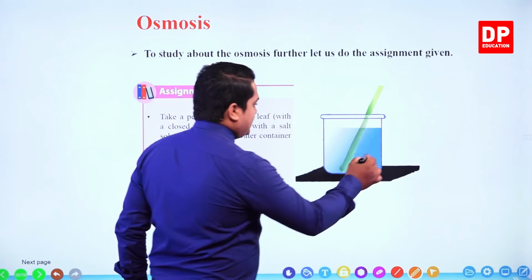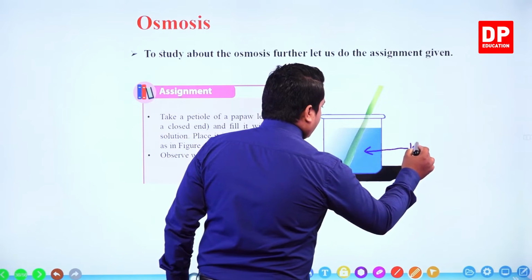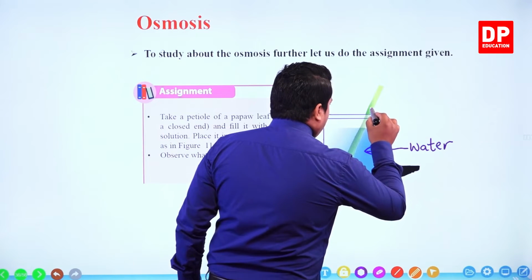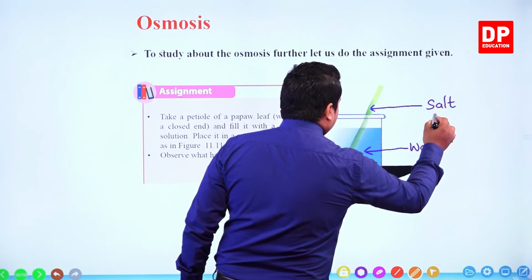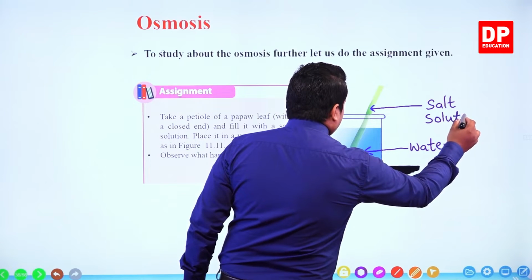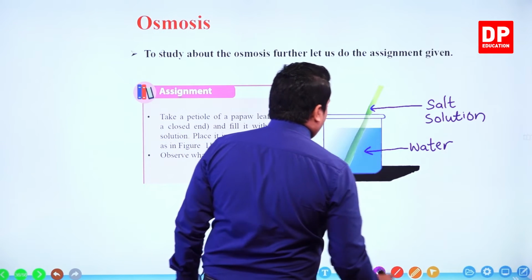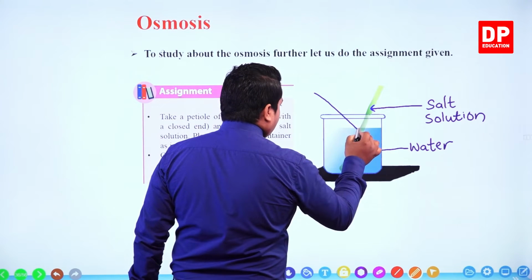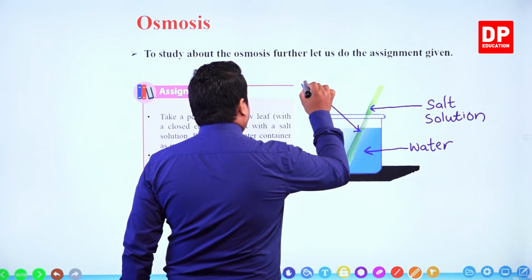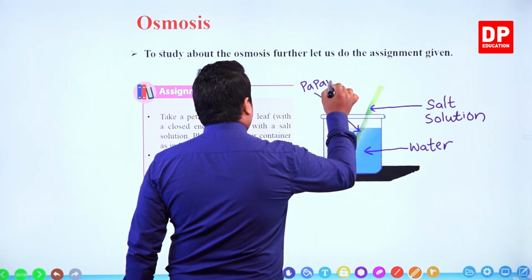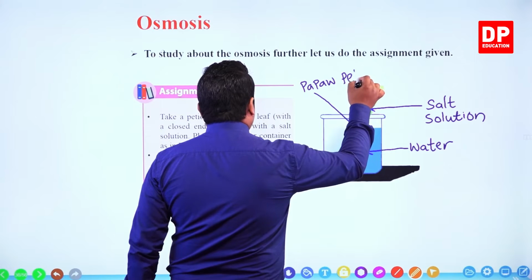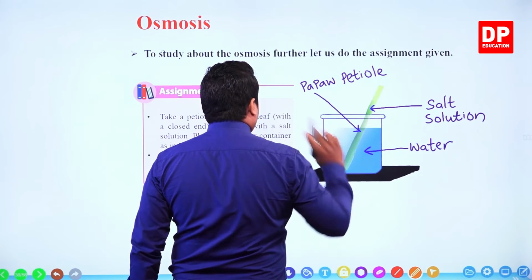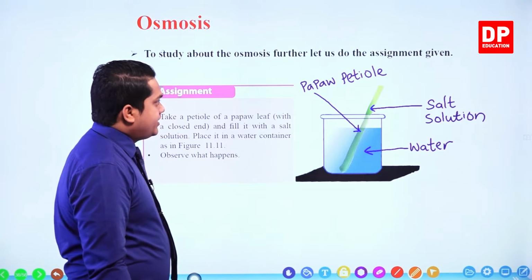So let me name these things to you guys. This is water, and this is the salt solution. And this is the petiole, right?